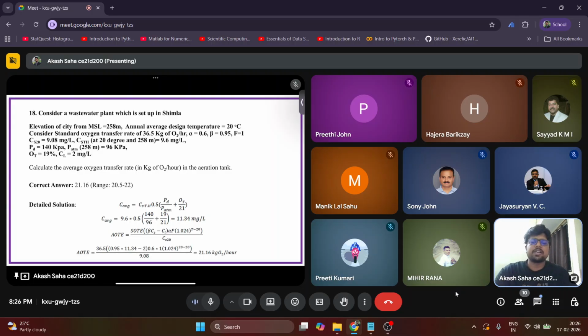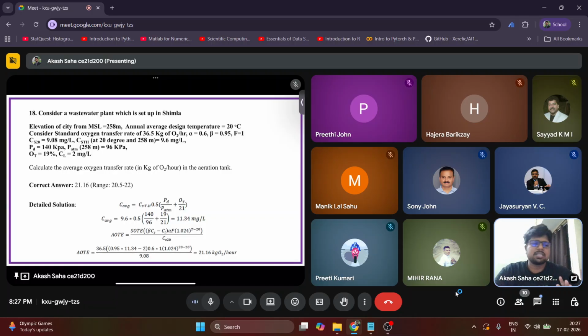OT is the oxygen transfer rate, PD is the pressure at a particular depth from where the aerators are coming in, P atmosphere is the pressure of the atmosphere, and CSTH is the saturation concentration at the standard temperature and pressure, which is 9.6 as given in the question. If you put in all these values, you will get the average concentration, and then AOT. AOT is the average oxygen transfer rate, which is equal to the standard oxygen transfer rate times some constants.